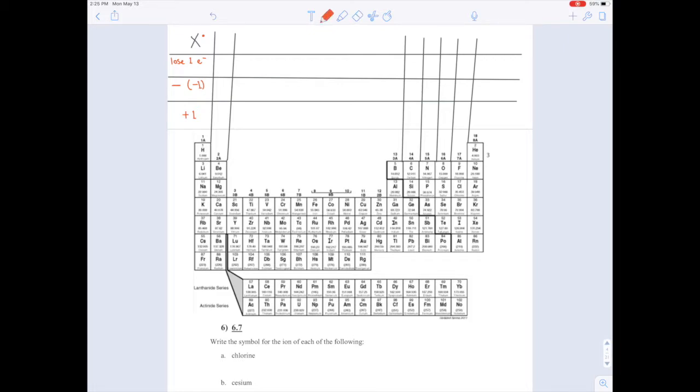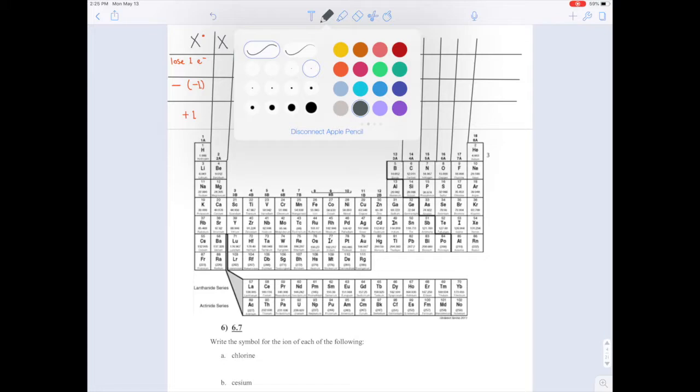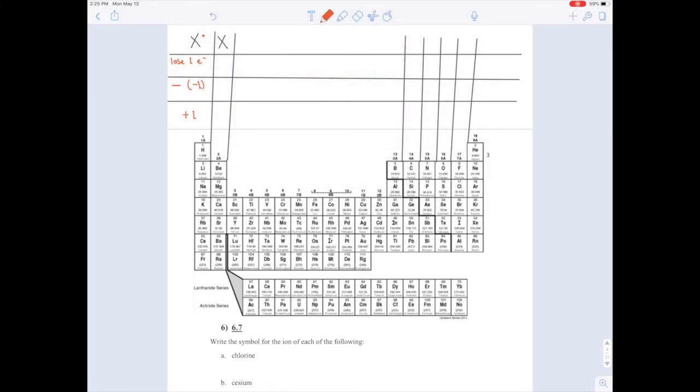How about column 2A? Well, if we were going to draw a general sort of Lewis structure for anything in that column, we could draw the X, that's standing for whichever element we choose. And because this is column 2A, group 2A, each of these are going to have 2 valence electrons.